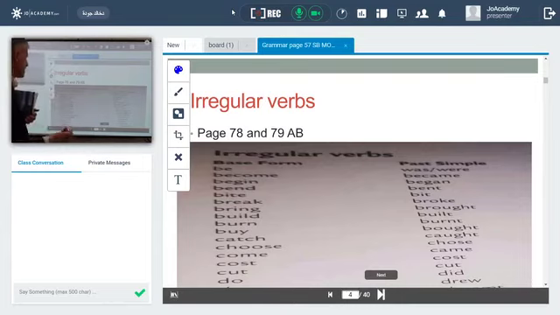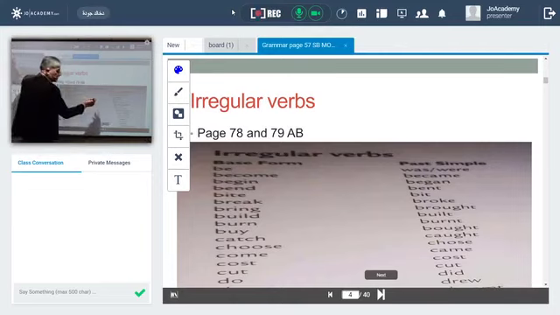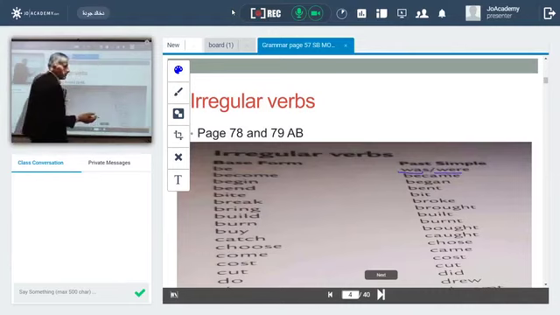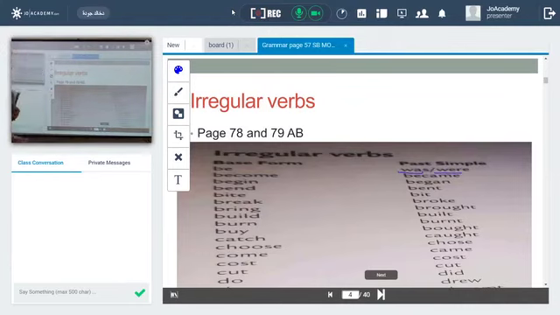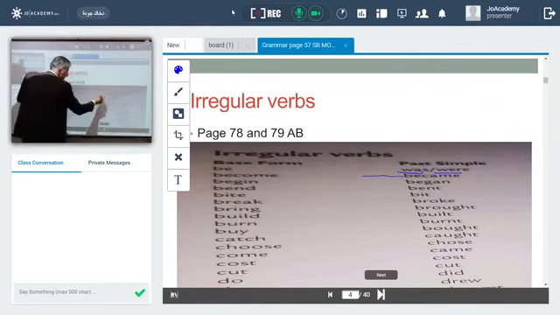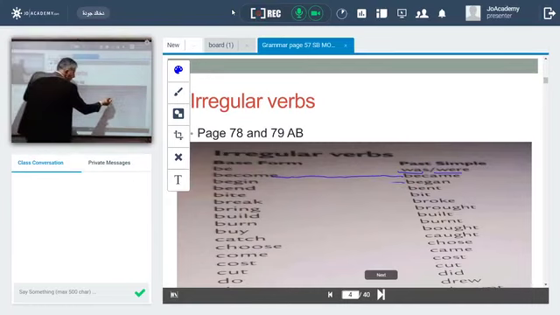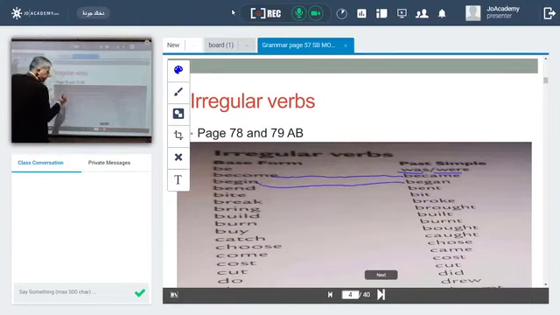So like we see, be here becomes was or were. Become became. Begin began. Bend bent.